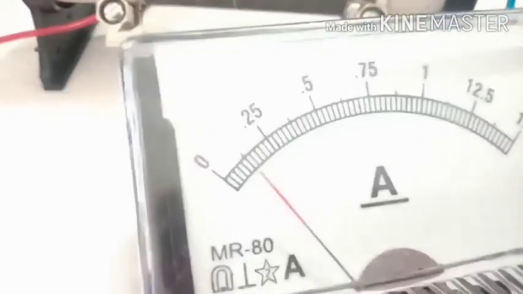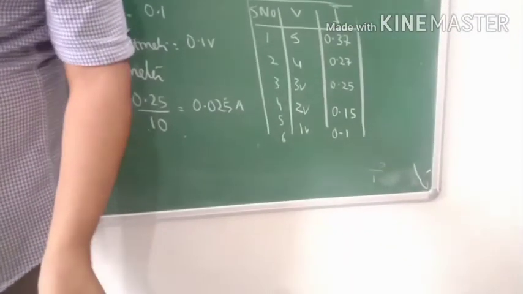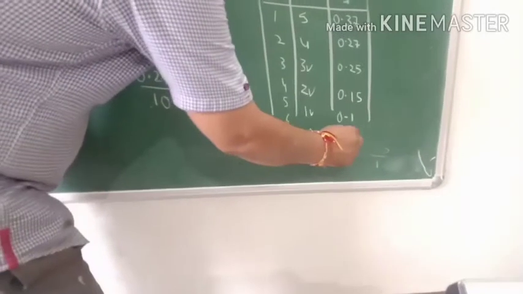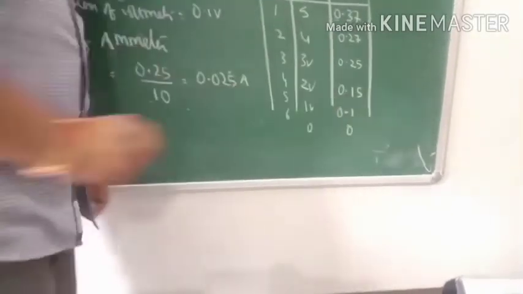It has come as 1 volt. That is 4 divisions, that means 0.1. And when voltage is 0, current is 0.